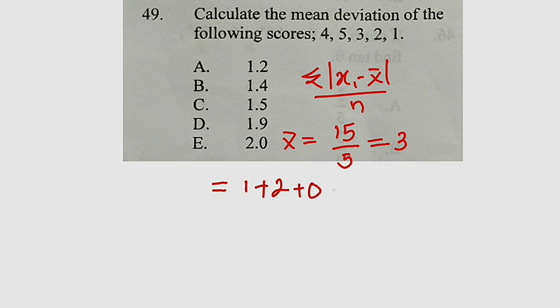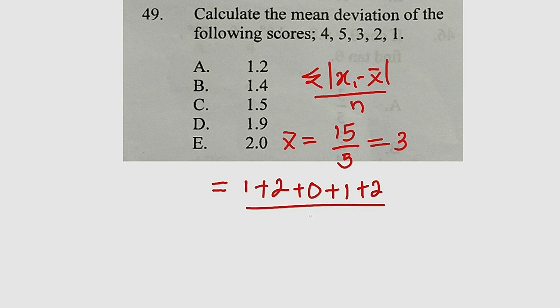Then the difference between 2 and 3 is 1. You know, you have to take the absolute value. Whether you take 2 minus 3, which is -1, you have to take the absolute value of -1. Then finally, the difference between 1 and 3 is 2.